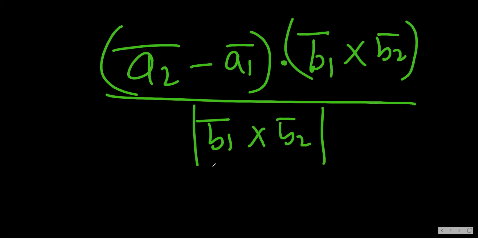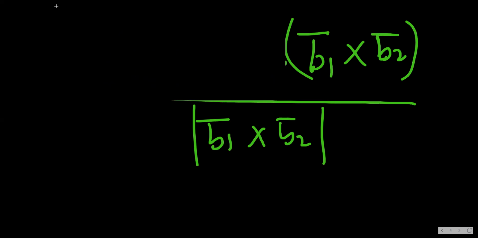You see this? It is the projection of A1A2 bar on the vector B1 bar cross B2 bar. Okay, so let's do it now. I have found out this. Now I'm going to find out this.